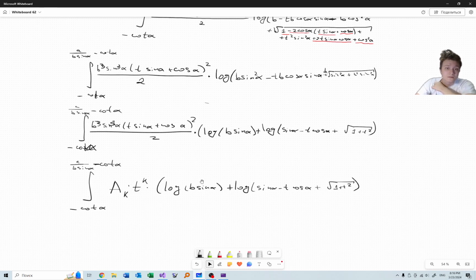Okay, so we need to integrate this thing. And in order to do that, what do we need?